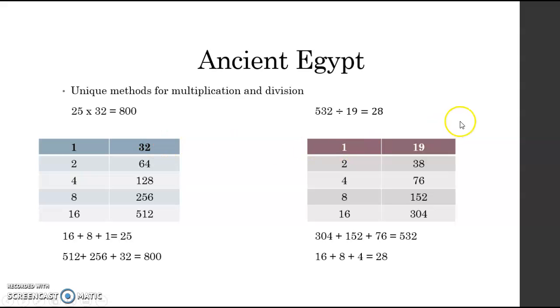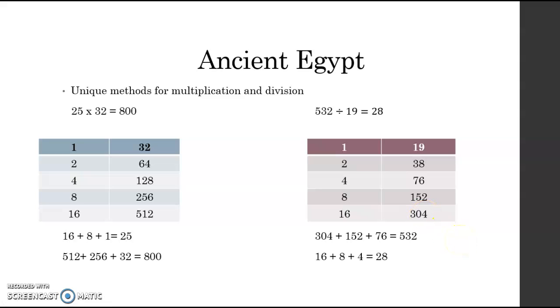Division was a very similar method. Instead of looking at the left column and finding numbers that summed up, we look at the right column. This time we want numbers that sum up to 532, because that's what we're trying to divide 19 by. We can look at 304, 152, and 76.